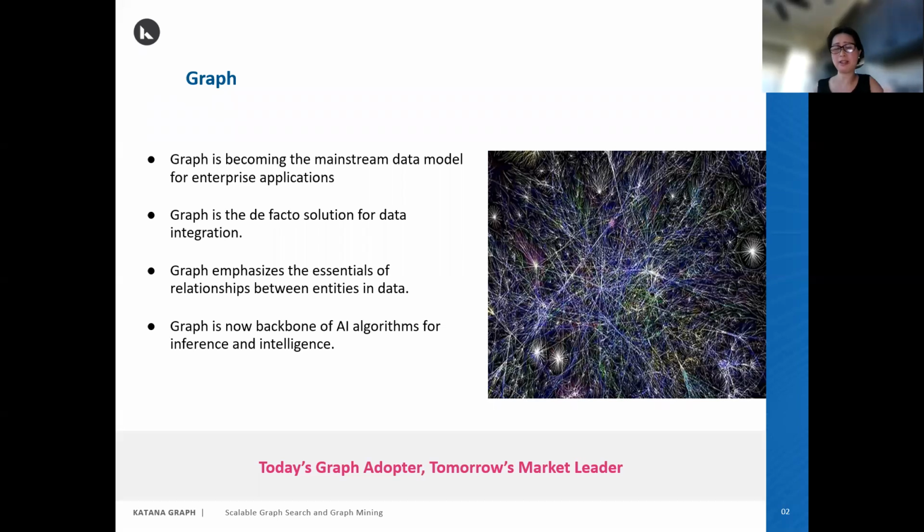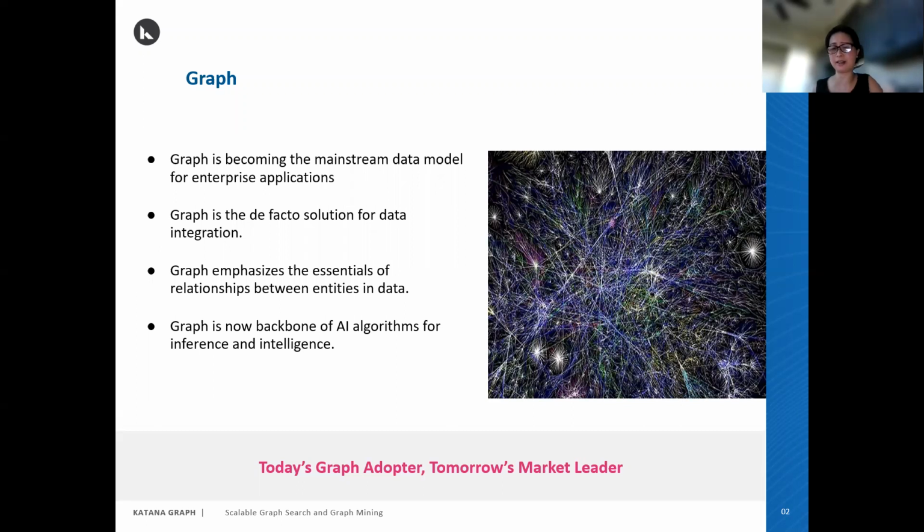The relationship, the data itself is important, but the relationship between data is getting more critical, sometimes even more important than the data itself. So graph is an ideal model that can emphasize the essence of relationships between data. Graph is also now the backbone of AI algorithms for inference and intelligence, because in a graph you can easily do inference.